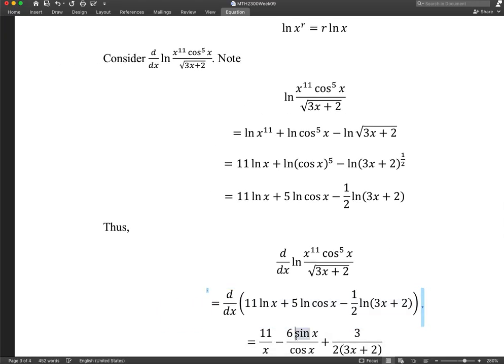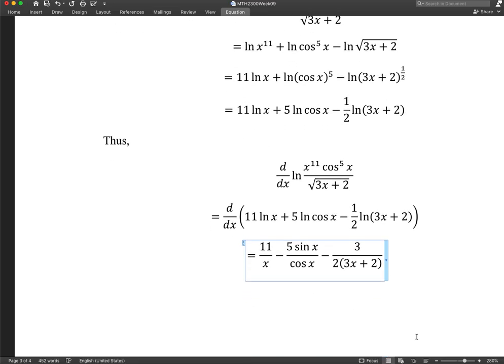Then the derivative of ln of cosine x: the derivative of cosine gives a negative sign, combined with the 5 in front, that's negative 5 times sine x, and the cosine stays in the denominator. Then the derivative of the minus 1/2 term should be minus 1 over 2 times 3x plus 2. Don't forget the numerator. We need to calculate the derivative of 3x plus 2, which is 3. So it turns out to be 3 over the entire thing. The minus is still the same.